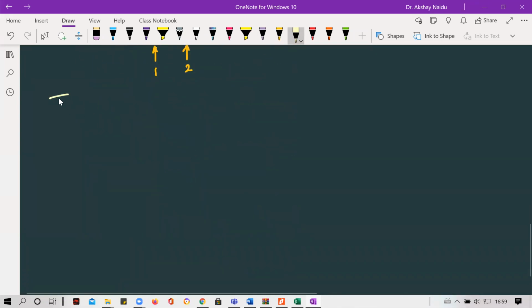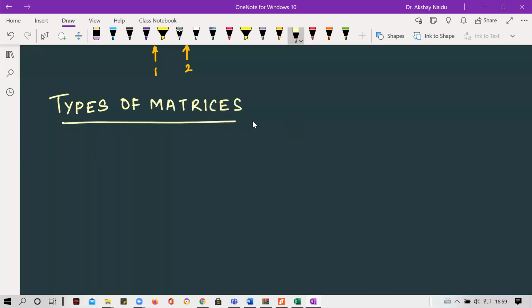There are actually two classifications: types of matrices based on structure, that is, the structure of the matrix and the content of the elements, and types of matrices based on properties. Now we'll come to that one by one.